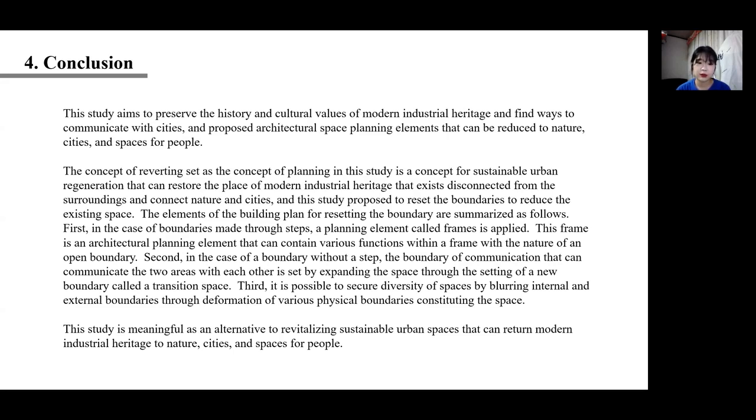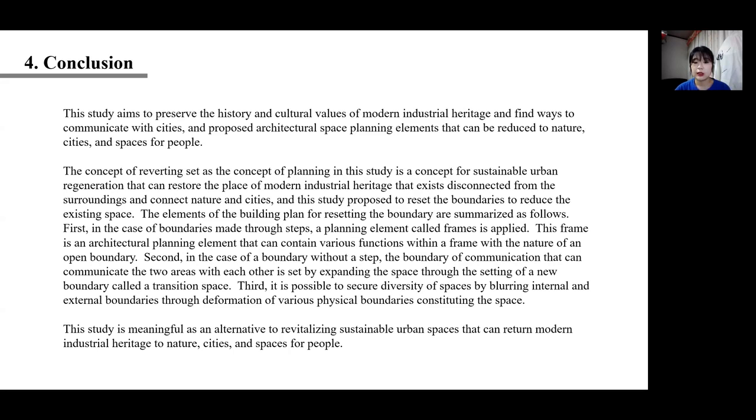First, in the case of boundaries made through steps, a planning element called frame is applied. This frame is an architectural planning element that can contain various functions within a frame with the nature of an open boundary. Second, in the case of boundary without the step, the boundary of communication that can communicate the two areas with each other is set by expanding the space through the setting of a new boundary called a transition space.